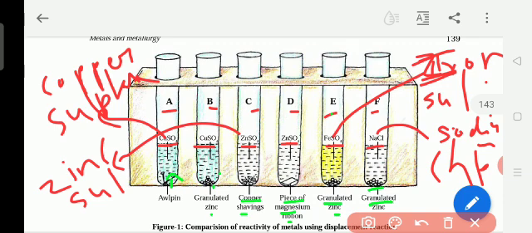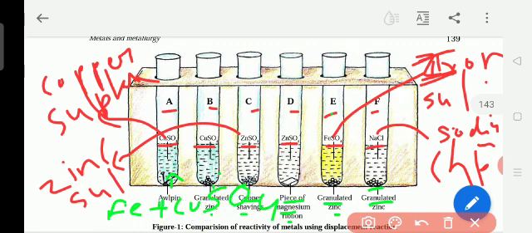So in test tube A, we see nails, and nails are present in the iron, so Fe we can see. So here I write the equation: Fe plus CuSO4.